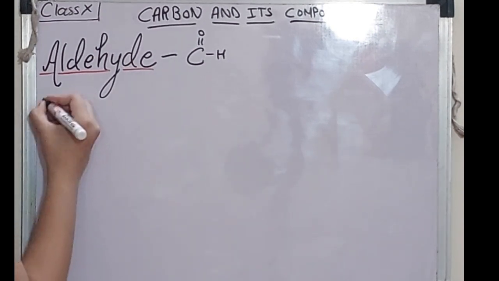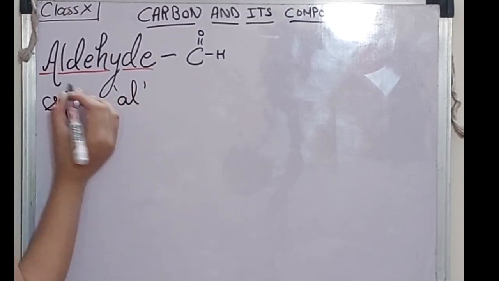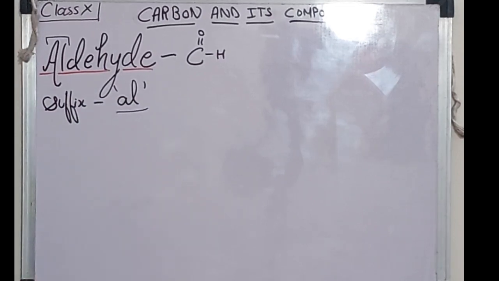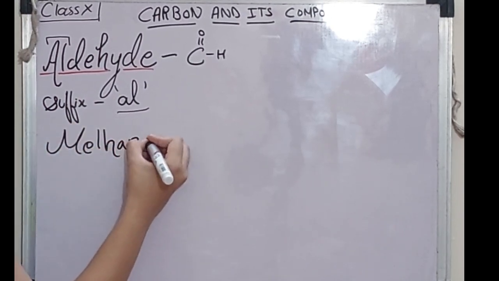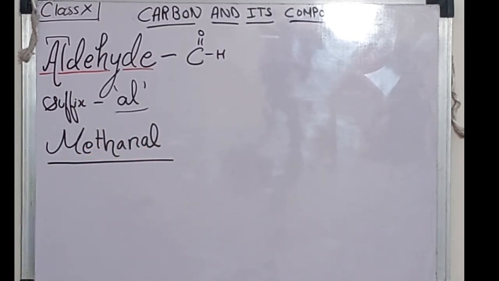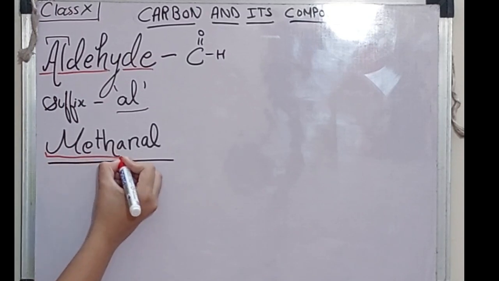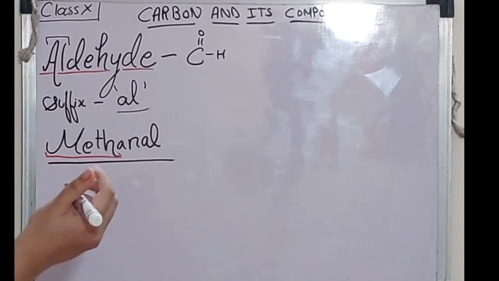Its suffix is Al. The one Al you can remember from aldehyde. Al is the suffix. For example, if I want to write methanal, how will you draw that? For drawing methanal, we see how many carbons there are. The number of carbons tells us that there is only one carbon in this compound.